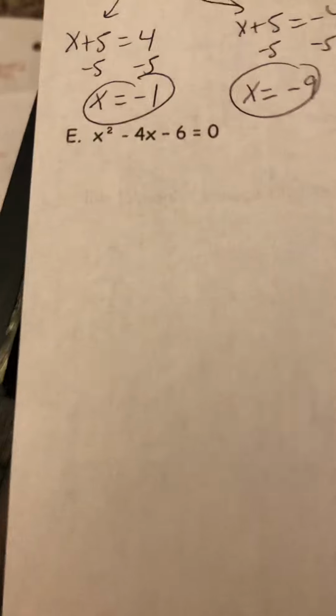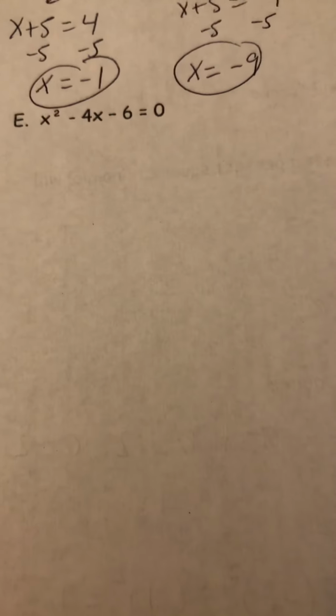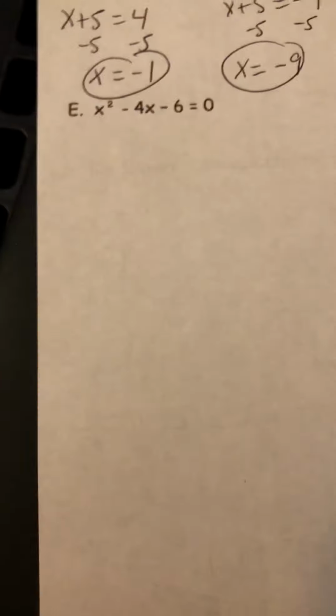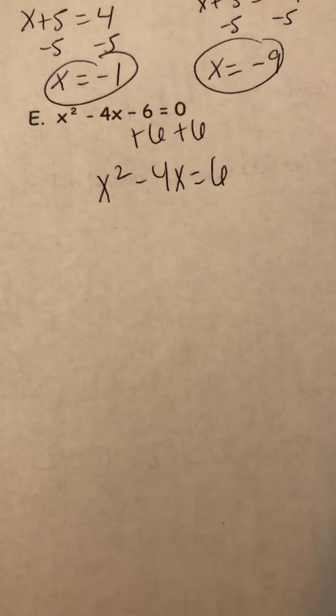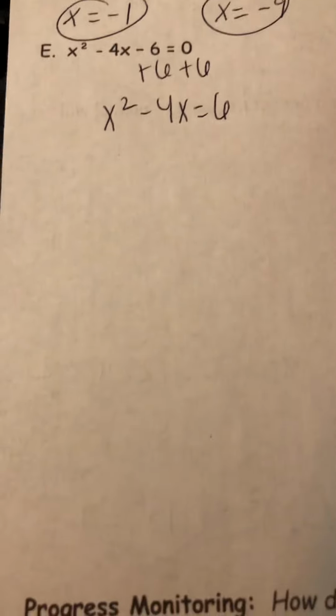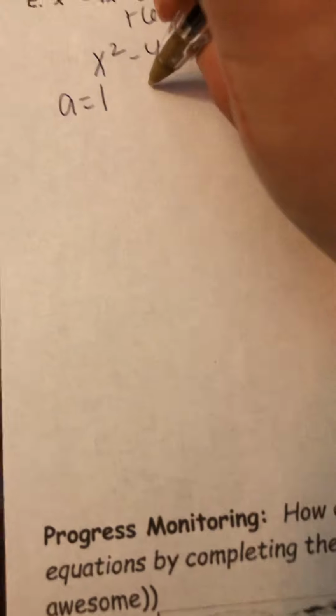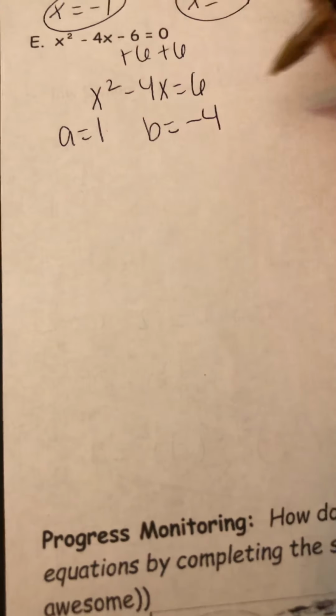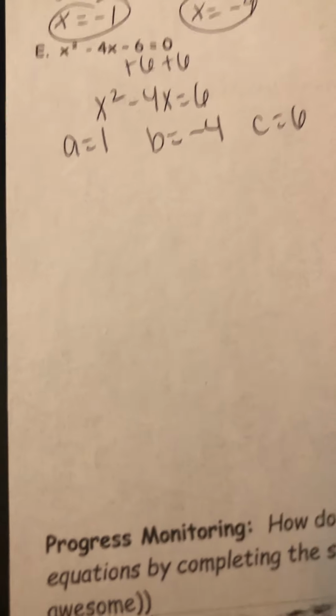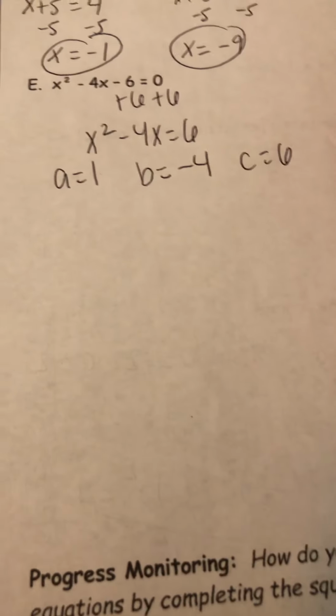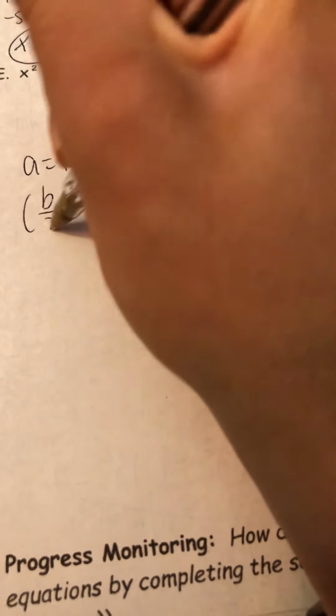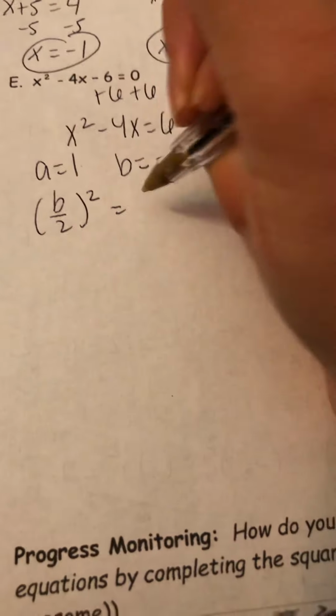All right, our last problem together of the year. X squared minus 4x minus 6 is equal to 0. I need to add 6 to both sides. I get x squared minus 4x is equal to 6. A is 1, B is negative 4, and C is 6. Find B over 2 squared.